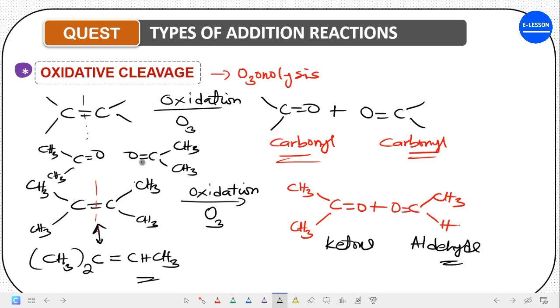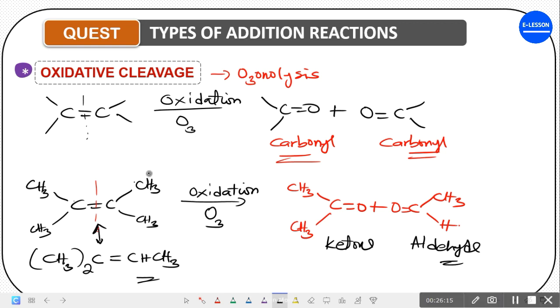Are you getting it? This case now, it has yielded how many ketones? 2 ketones. So the product can either be an aldehyde or a ketone or a mixture of both aldehyde and ketone, as in this case that we have here. It's a mixture of both aldehyde and ketone. So that is what oxidative cleavage is, which is ozonolysis.